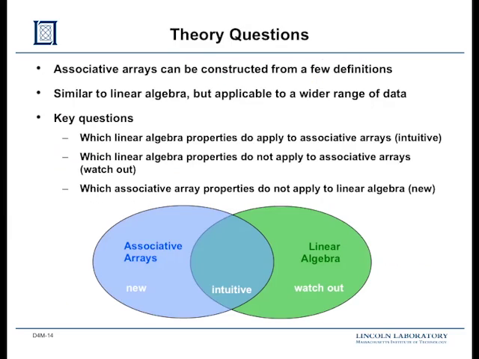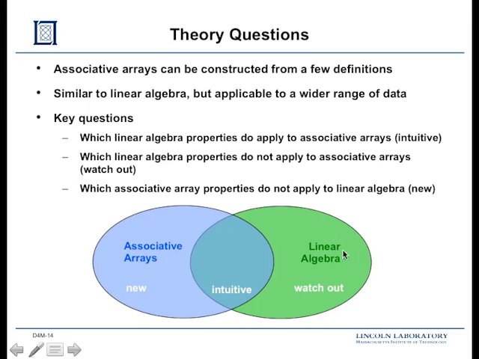And the real theory question that we're trying to answer here is we have this concept of associative arrays, which is kind of new. We have the traditional linear algebra, and there's going to be areas where they overlap. Your intuition from linear algebra and your intuition from associative arrays will be very well connected, okay? And there's going to be places where associative arrays give you new properties that you didn't have in linear algebra, and those will allow you to do new things.